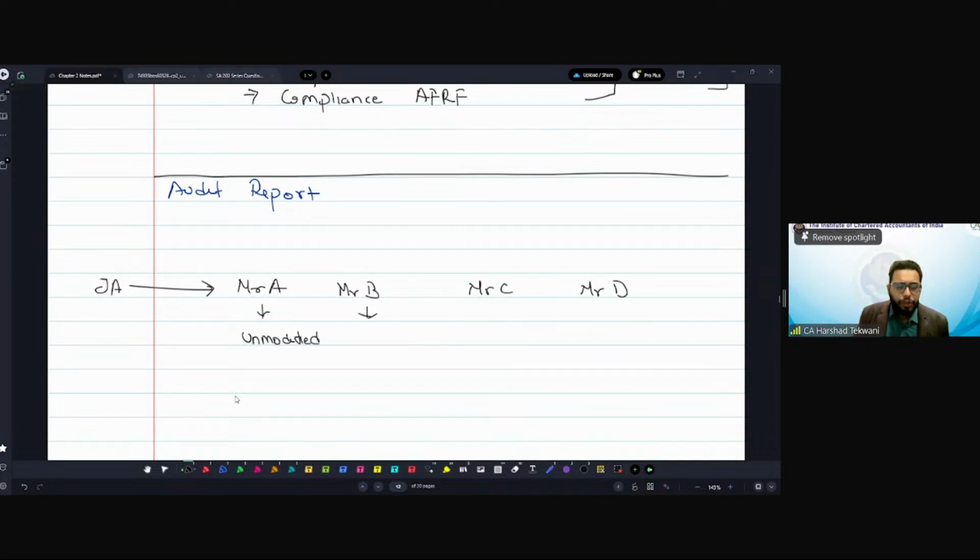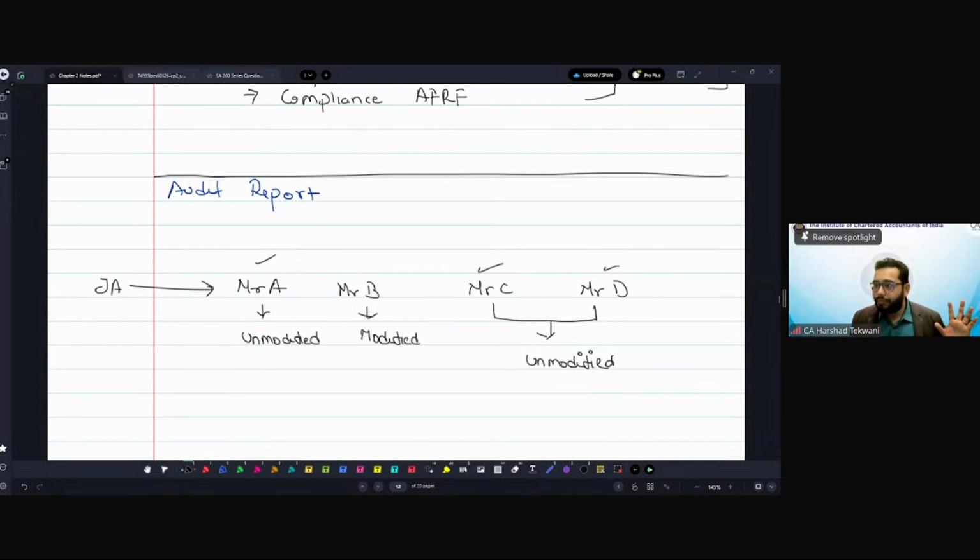Mr. B wants to issue a modified opinion. Mr. C and D both want an unmodified opinion. Now the majority, A, C and D, says unmodified opinion, but Mr. B has a view that it should be a modified opinion.